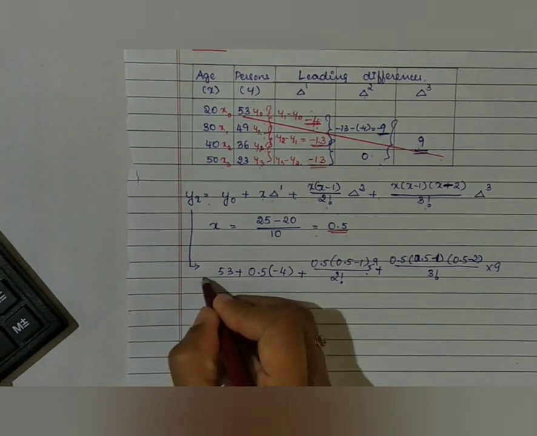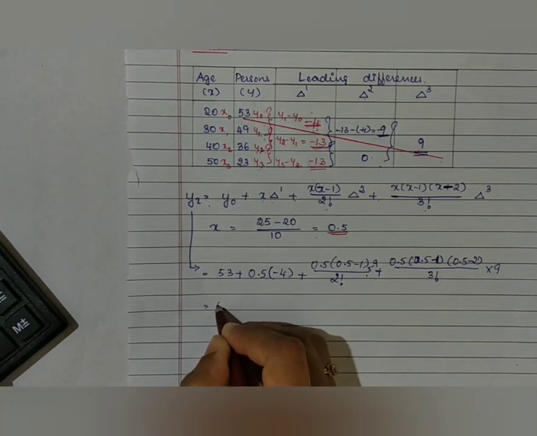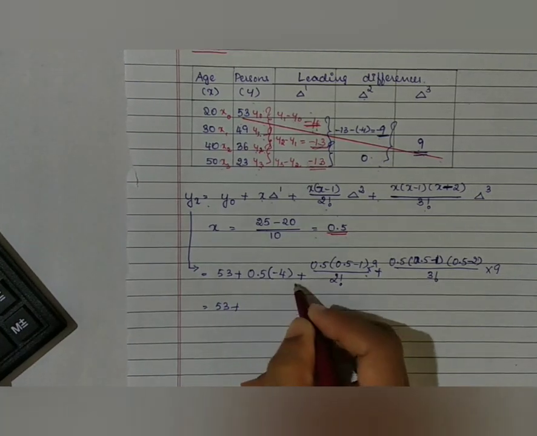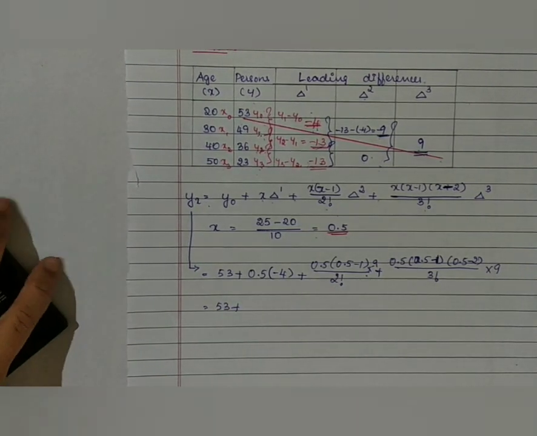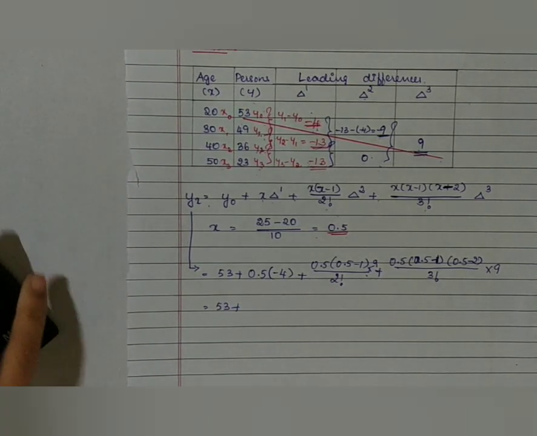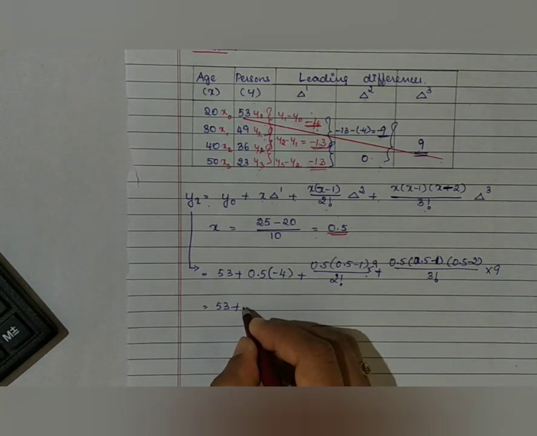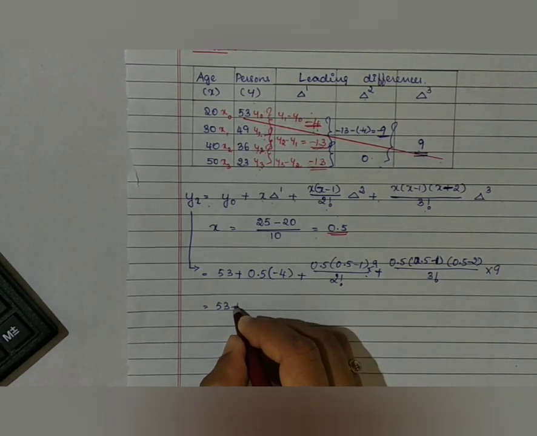So let's simplify this now. 53 plus 0.5 into minus 4 is minus 2.